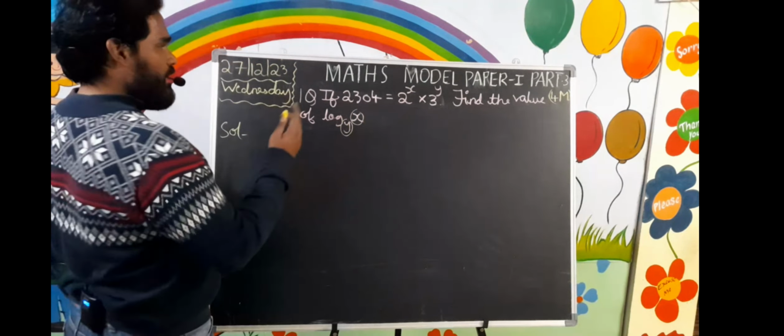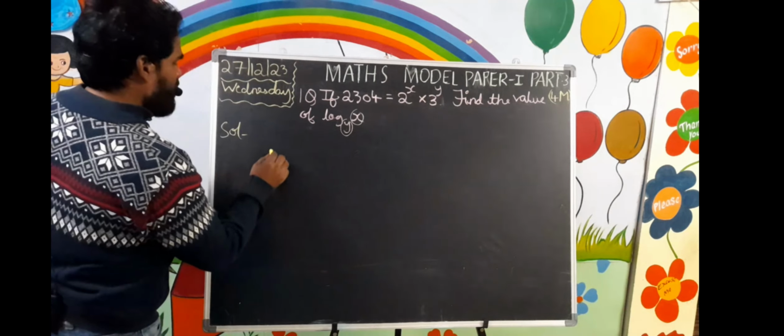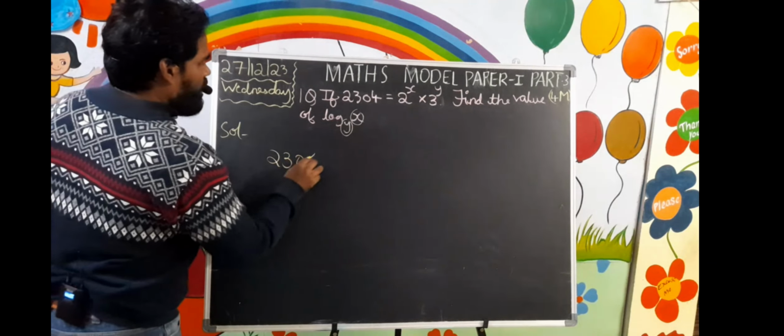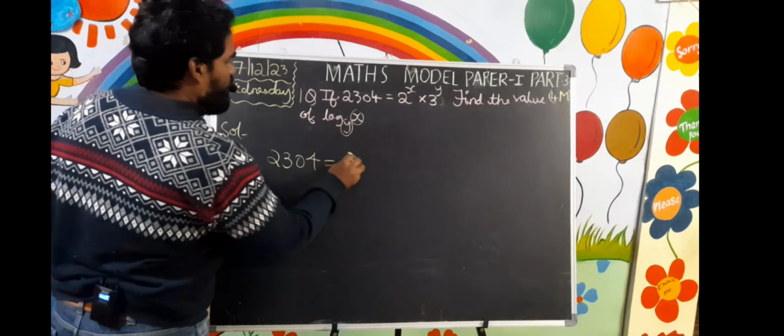If you observe this question very carefully, you have x and y on the right side of the given equation. So 2304 is equal to 2 power of x into 3 power of y. X and y are there on the right hand side of the equation. So you have to find the value of this x and this value of y.